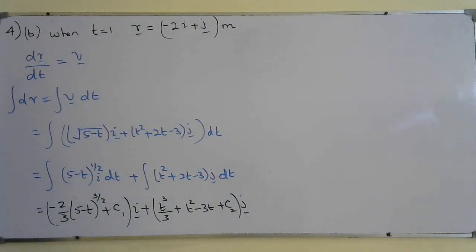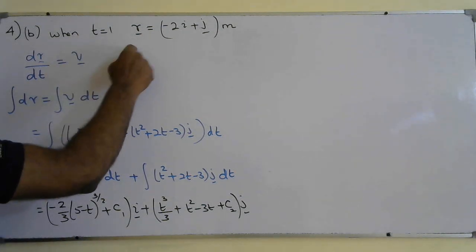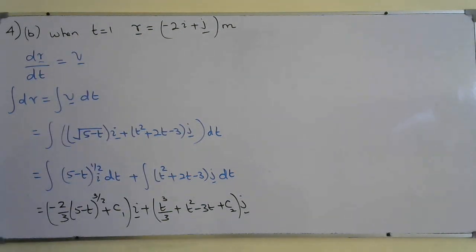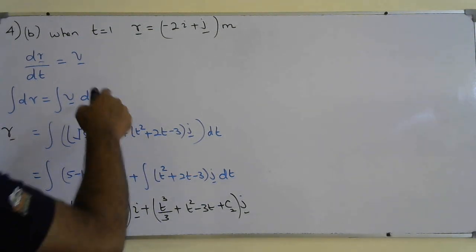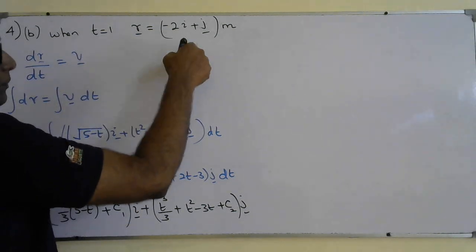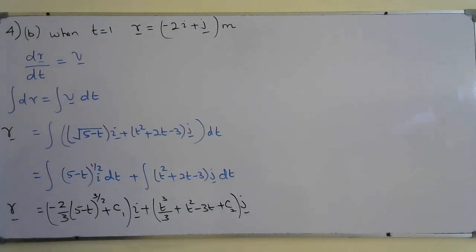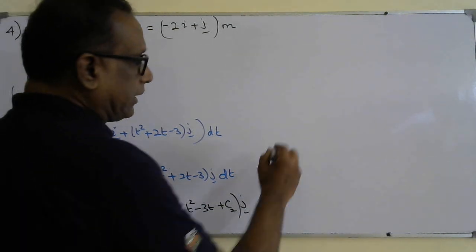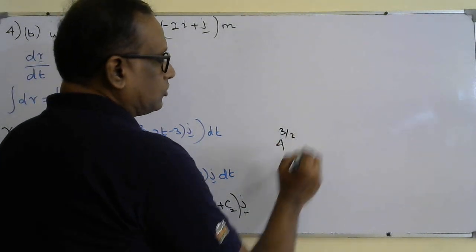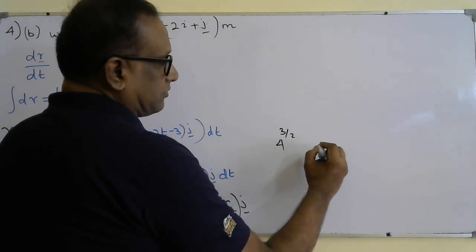Now we know that when t equals 1, r equals minus 2i plus j. So this is the integral of dr, so we can replace dr. Substitute t equals 1: 5 minus 1 is 4, and 4 to the power 3 by 2 means square root of 4, which is 2, and 2 cubed is 8.